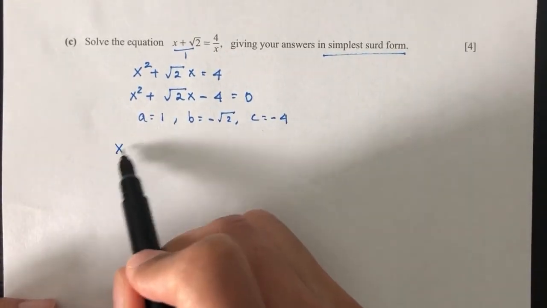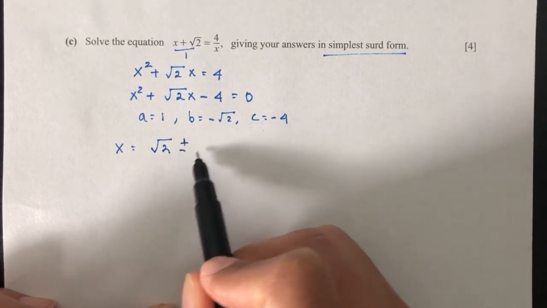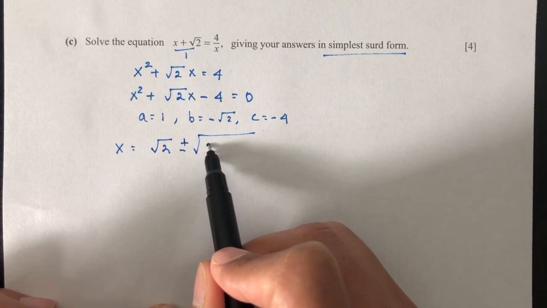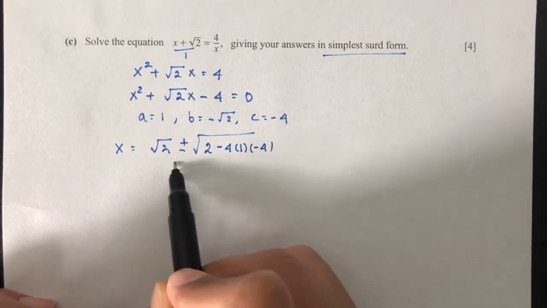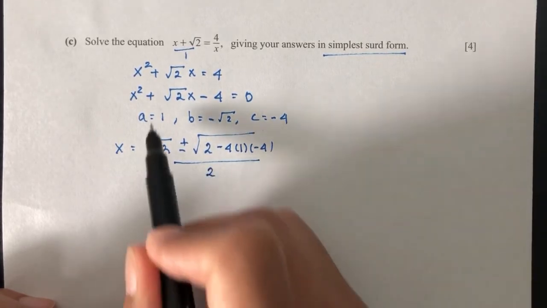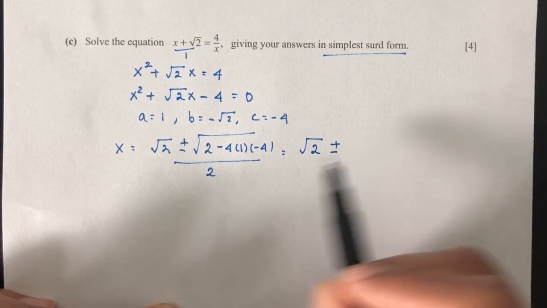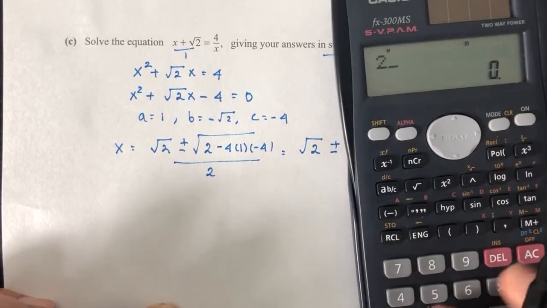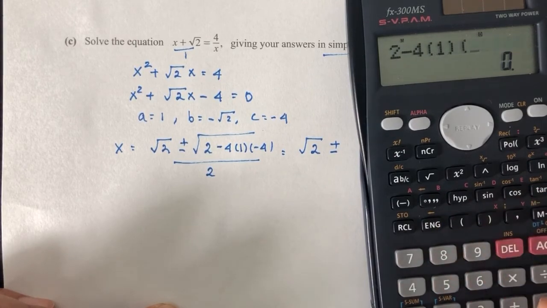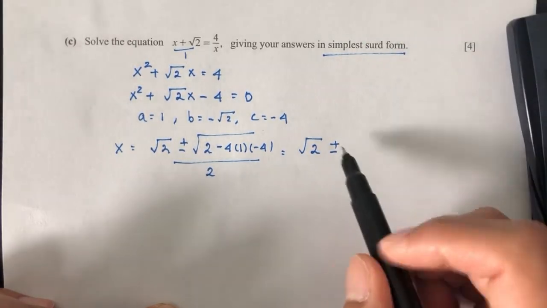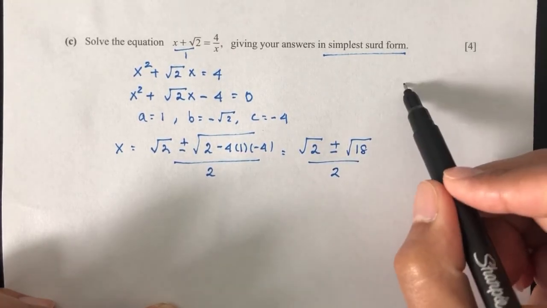So x equals minus b plus or minus square root of b squared, which is 2 squared, minus 4 times a times c, divided by 2a. So simplify, this will give me 2 plus or minus the square root of 2 squared minus 4 times 1 times minus 4, that will be 18. Square root of 18 over 2. So now what is square root of 18?